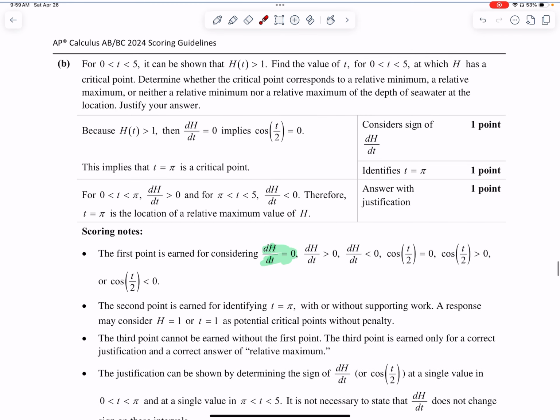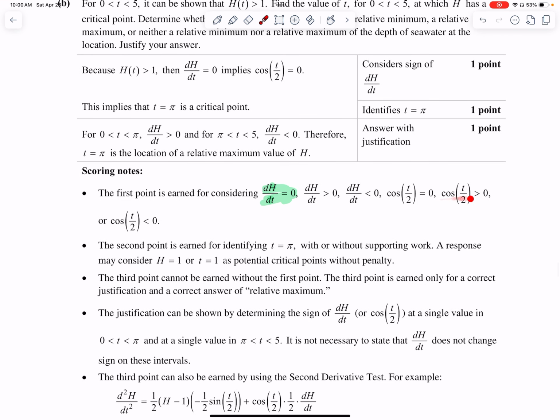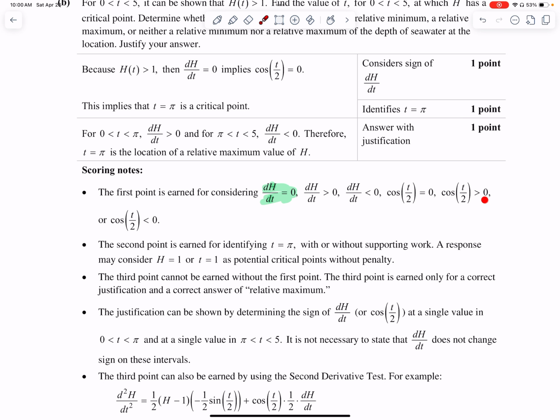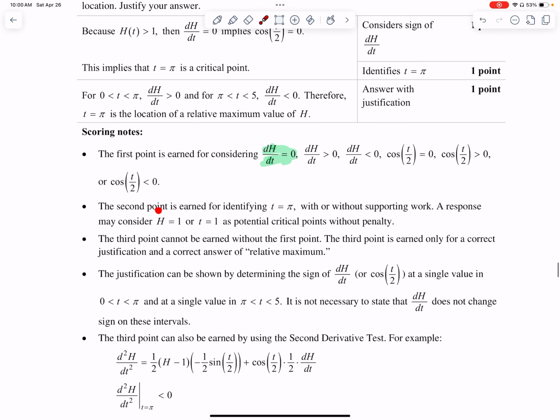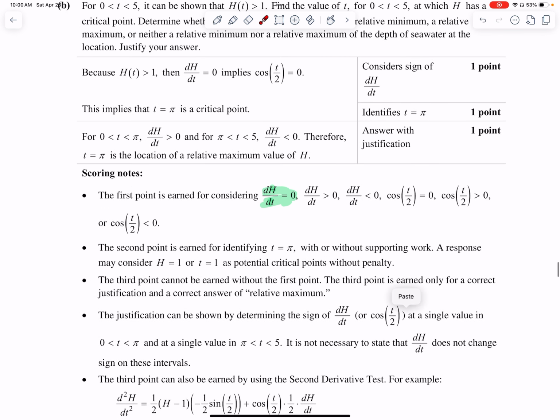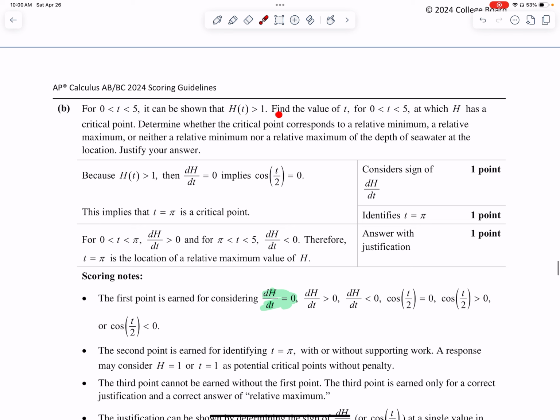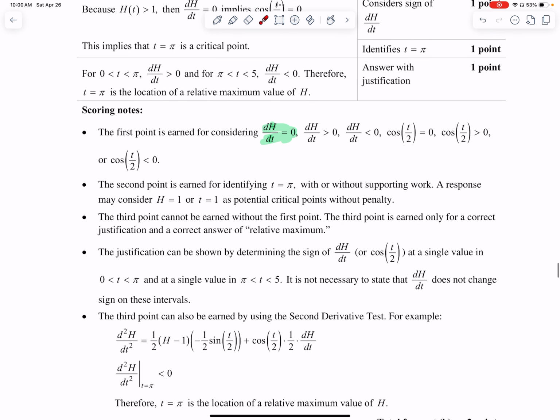When it said consider the sign of this, or look at all these other ones that you could have considered, right, to get that first point. Second point is earned for identifying t is equal to pi with or without supporting work. And I would say that makes sense here because all it said was find the value, right? Let's see, a response may consider h equals 1 or t equals 1 as potential critical points without penalty.